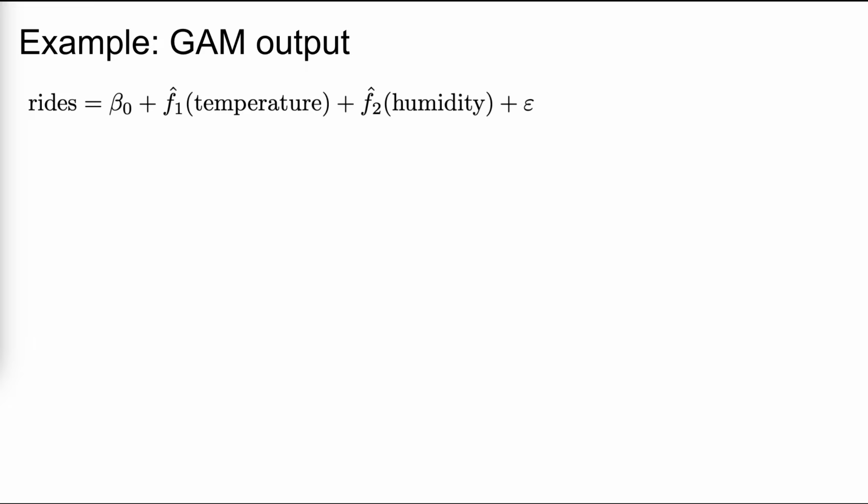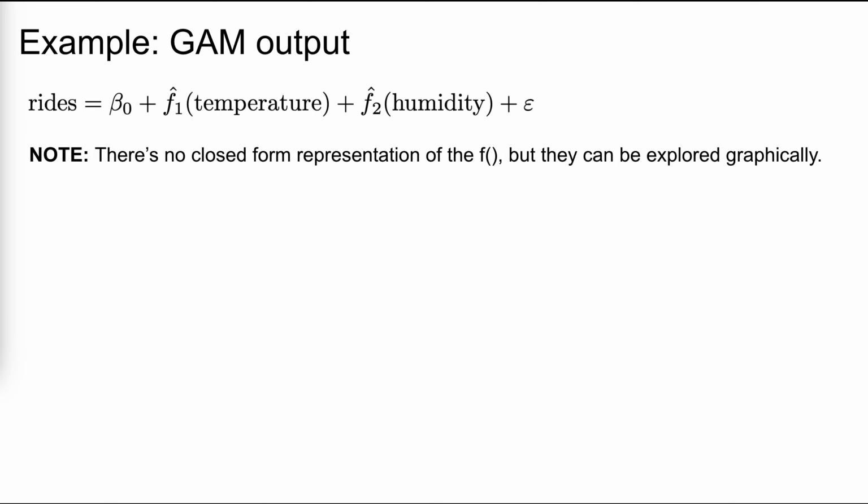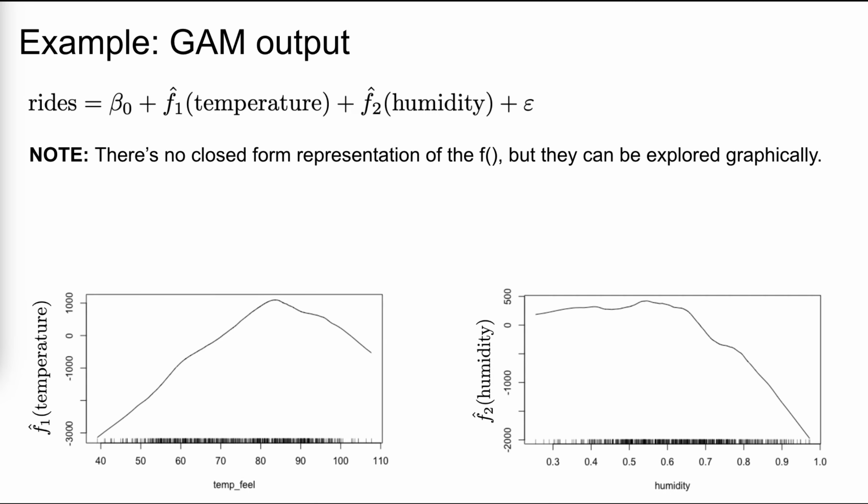Let's try to build some more intuition for these concepts by applying the GAM algorithm to our bikes data. Our goal here was to model ridership by some baseline ridership beta 0, plus some function f1 of temperature, plus some function f2 of humidity. Though these functions f can't be represented by specific formulas, that is, there's no closed form representation, they can be explored graphically.